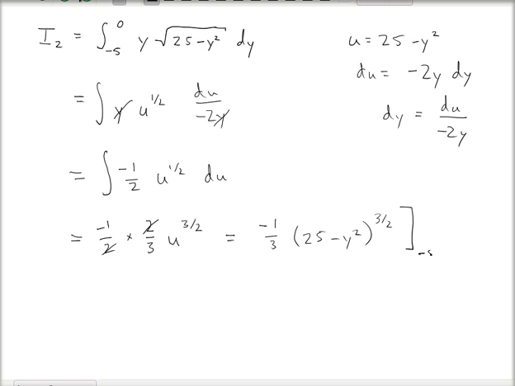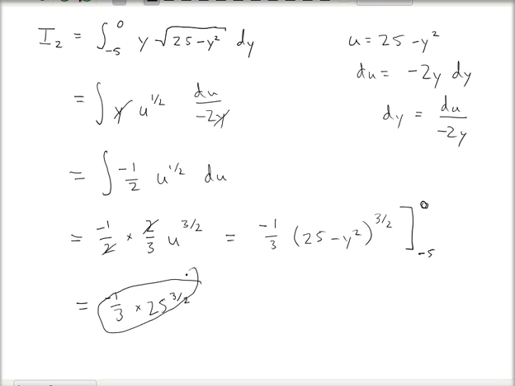Now it's integrating from -5 to 0. So now I just need to plug in and evaluate. -1/3, when I plug in 0, 25 minus 0 squared is 25. So -1/3 times 25 to the 3/2. And then for my second term, -5 squared is 25, so I'm just going to have a 0 inside here, so that whole term is going to be 0. And then this is all that I'm left with for I2.